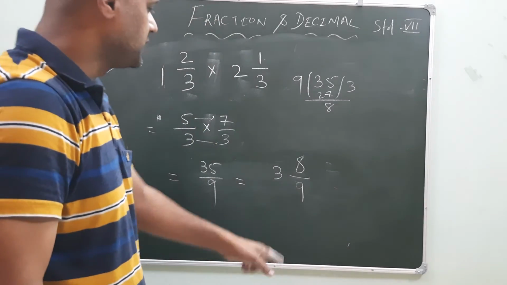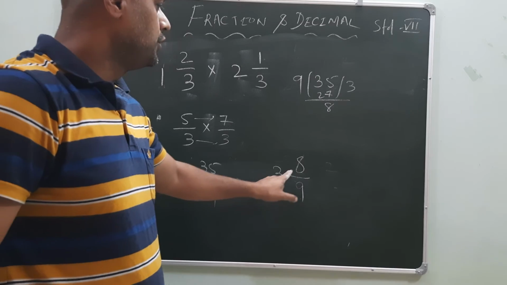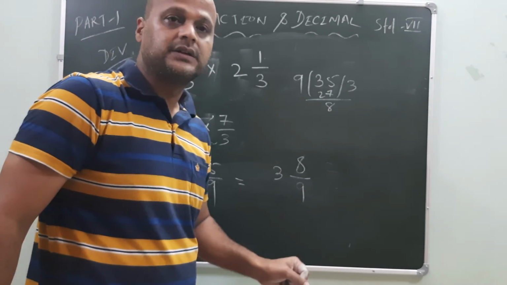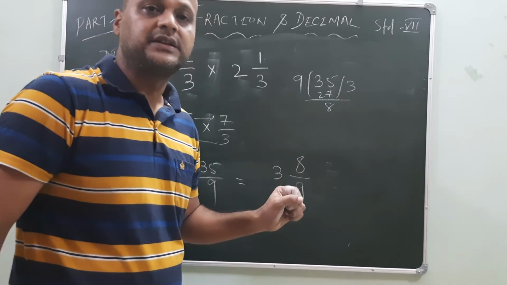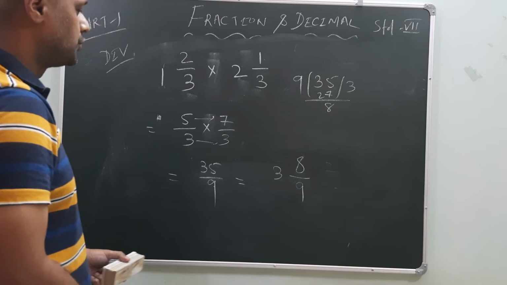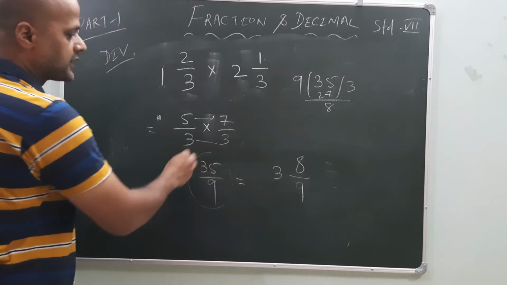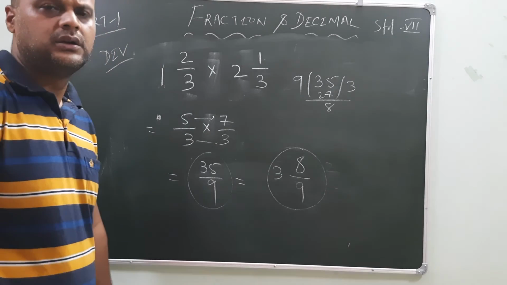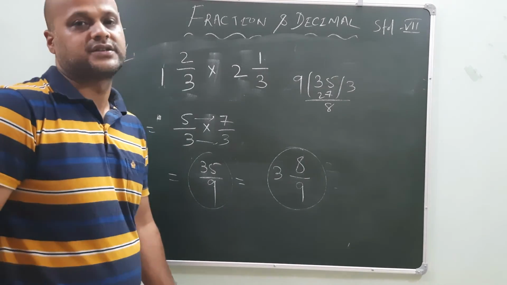Now multiply: 9 3s are 27, 27 plus 8, how much? It is 35. Then our answer is correct. So if an improper fraction ever comes, you blindly convert it into a mixed fraction.